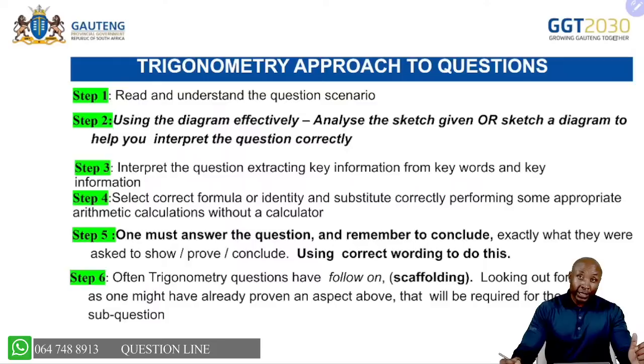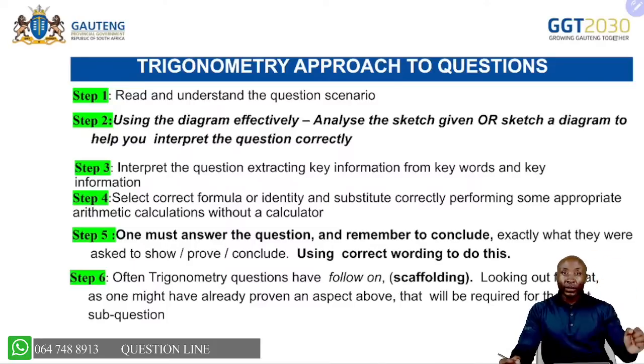And we know that in analytical geometry, Euclidean geometry, and trigonometry, it's often that we have follow-on questions. You must use some information that you have calculated above to help you find something, which is called scaffolding. But remember, the opposite is not true.